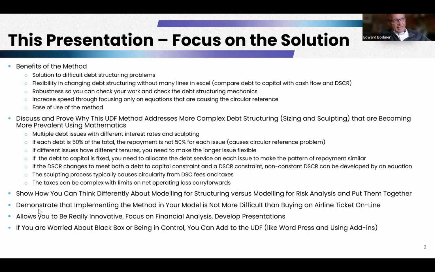You can't just say 50% of the debt service comes from one and 50% comes from the other. No, you can't do that, because the debt service on the higher interest rate will be more than the other one. And you have to come up with ways to optimize the debt. And when you have one debt issue that's longer than the other, it gets messy. And you might have to have that issue be a flexible debt issue. If the debt to capital is fixed and somebody gives you a DSCR, how do we put all that together?